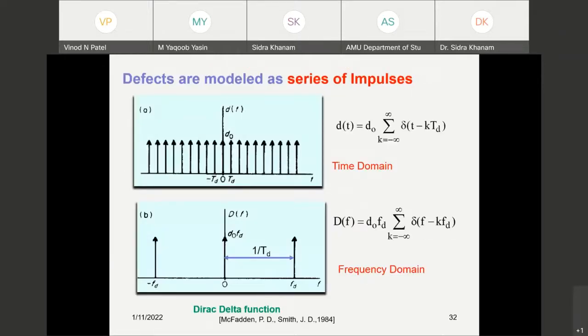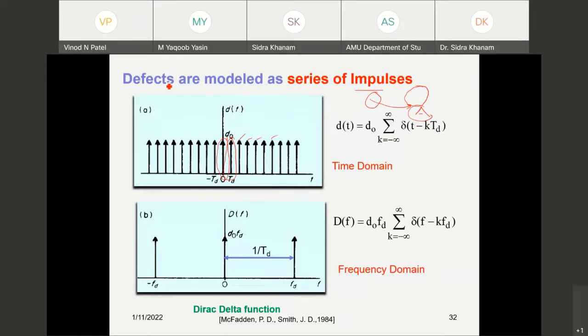So, when defects are modeled as a series of impulses, as I have shown in the figure, when a rolling element comes into contact with the defect, it generates one impulse. At time t equal to 0, suppose this impulse is generated. When the next rolling element comes into contact with the same defect, it generates another impulse. As all the rolling elements come into contact with this defect, this kind of impulse is generated.